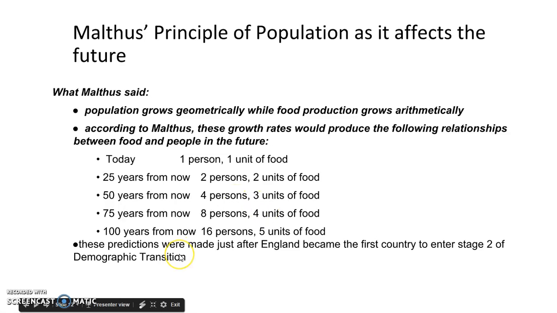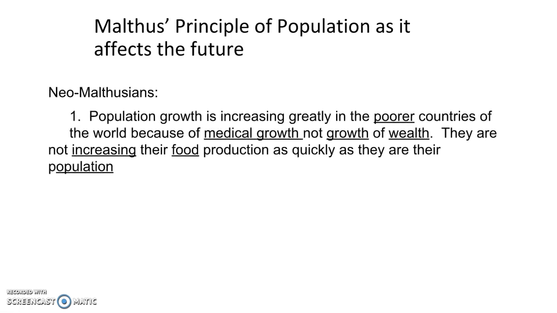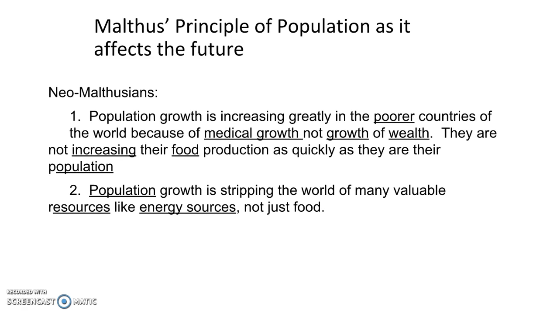So again, these predictions were made just after England became the first country to enter stage 2 of the demographic transition model. So at the time they were experiencing explosive population growth. And so the people who support Malthus and say that this could still happen today, they believe that population growth is increasing today, still the greatest in poorer countries of the world, because of medical growth, not because of growth of wealth.